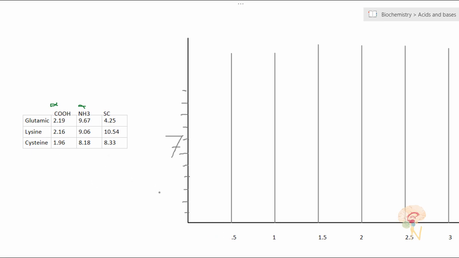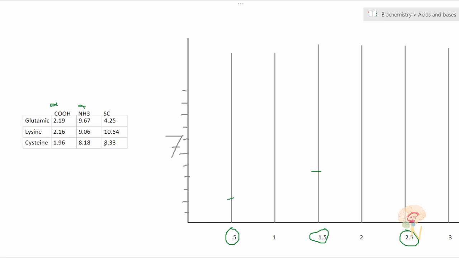At first, let us draw the inflection points, which are here. The first one here, the second one here, the third one will be here. The first one is at 2.19, around here. The second one will be at 4.25, for the side chain, like here.